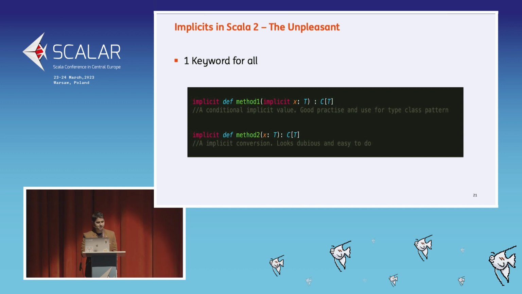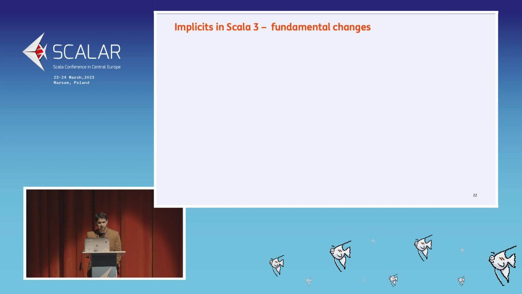It looks dubious, but it is easy to do. And for a beginner in Scala, method 1 and 2 look the same. He cannot figure out what's good and what's bad. The only thing beginners will figure out is what is easy to do, and that is method 2, so they will choose method 2 here. That's what I meant: this single keyword with all its good and bad use cases is making things difficult for adoption and for learning.